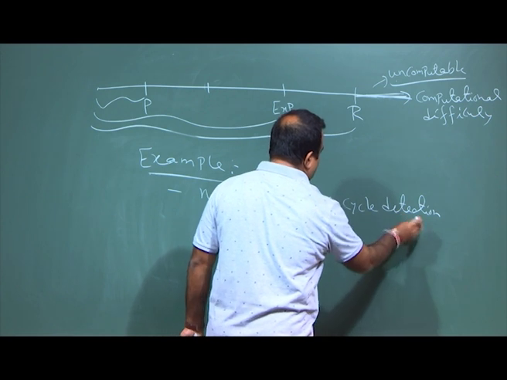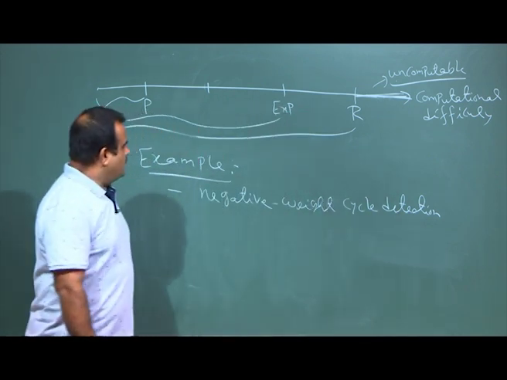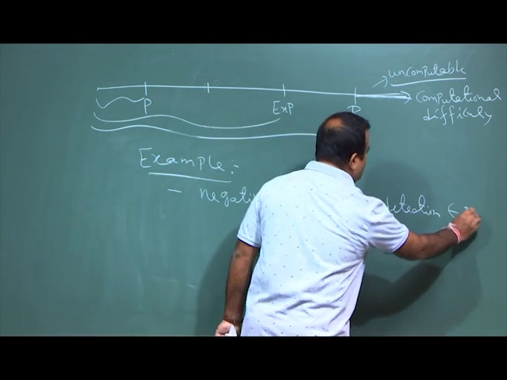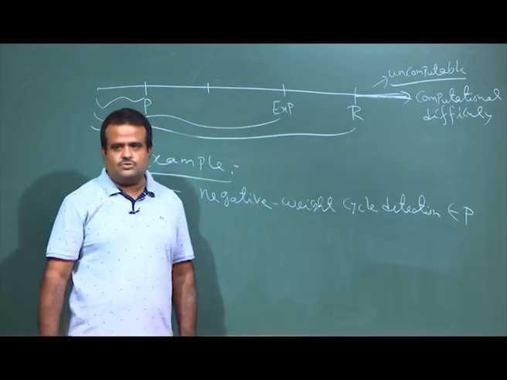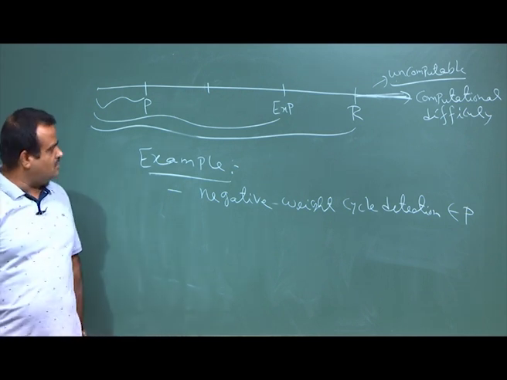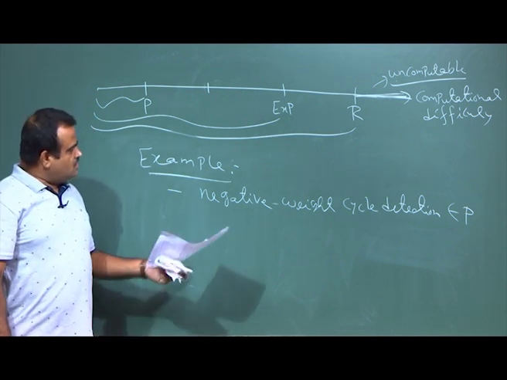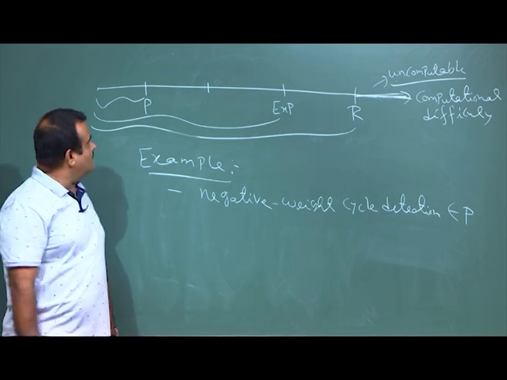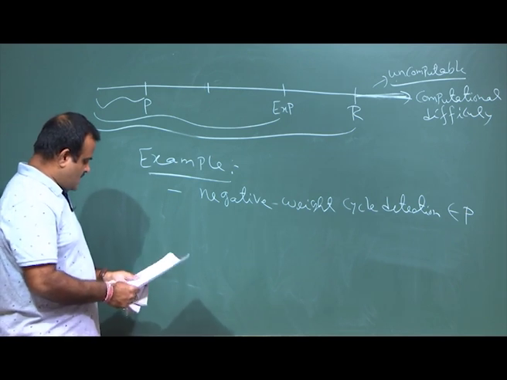We know this is in P, because we know an algorithm, the Bellman-Ford algorithm, whose time complexity is order of V times E. So, that is a polynomial time algorithm, and this is an example of a problem in P.